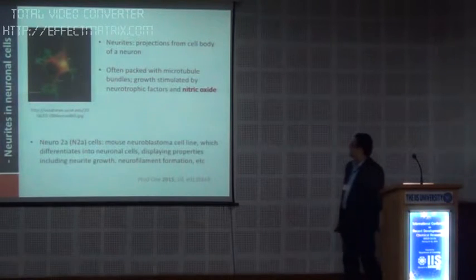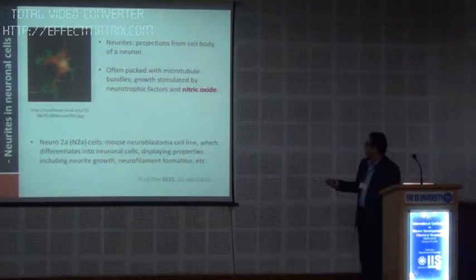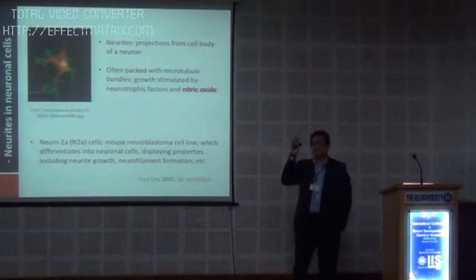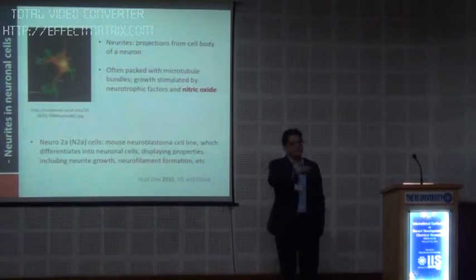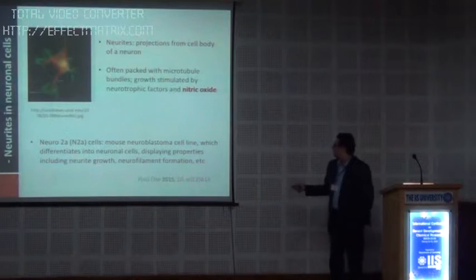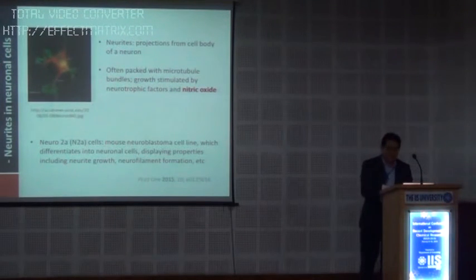A bit about the cell culture that we have used in the lab: Neuro2A cell line is a neuroblastoma cell line that differentiates into neuronal cells, and it has properties which can be used to measure the morphometry of neuronal cells, where you measure the growth of these neurites, as well as assess neurofilament formation, which I'm going to show you as part of our protein overexpression experiments.